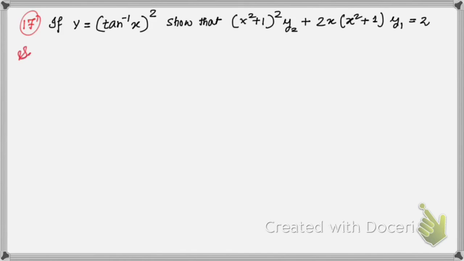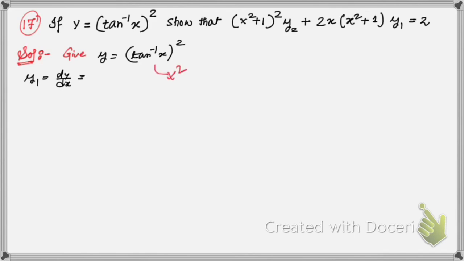We have to show this. So first let us write the given function and differentiate it. Considering tan inverse x whole square as x square, dy by dx will be twice x, where x is nothing but tan inverse x here.